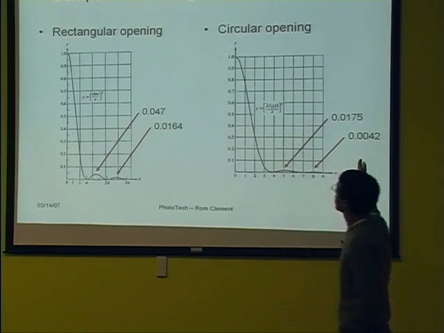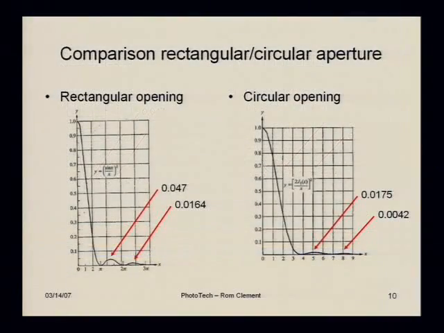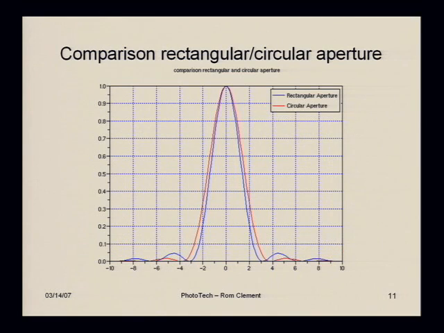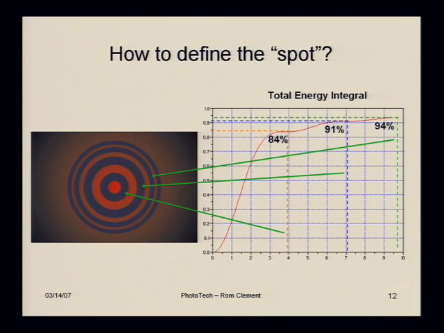It's even less for the circular aperture, but as we will see, the problem is how to define the spot. This is just another illustration. They're slightly different, but it has the same characteristic: one big peak in the middle and secondary peaks on the sides.